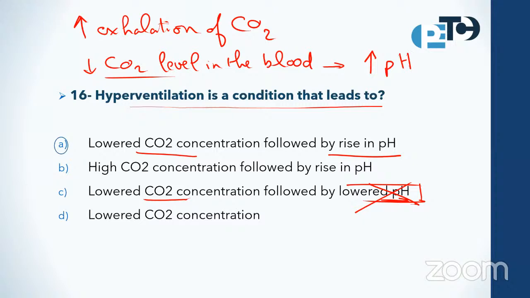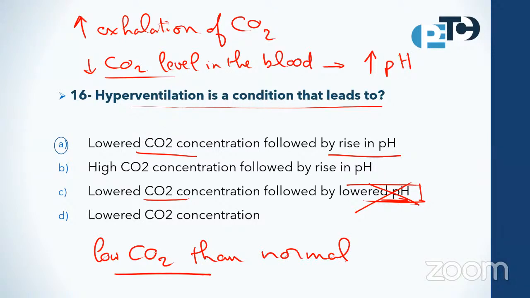Now we have low carbon dioxide than normal. So what about the pH? Low carbon dioxide is the acidic one. When it is decreased, the pH will increase.